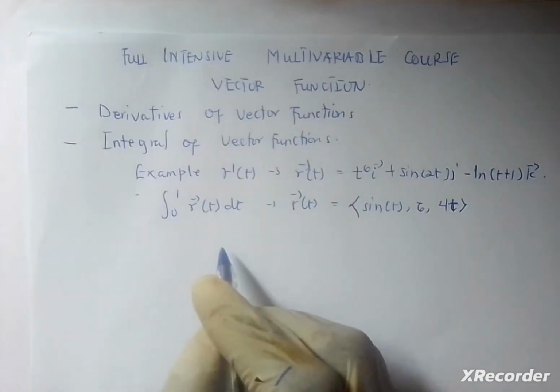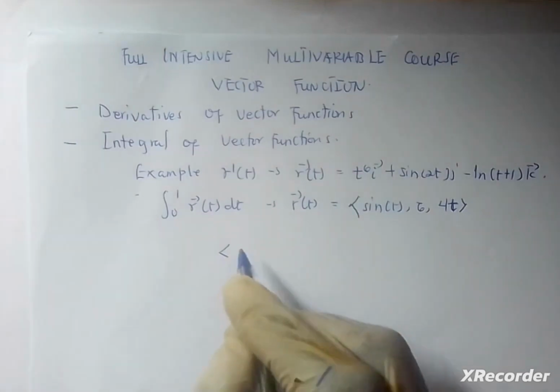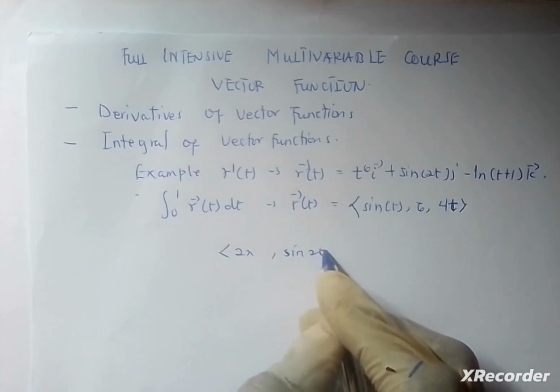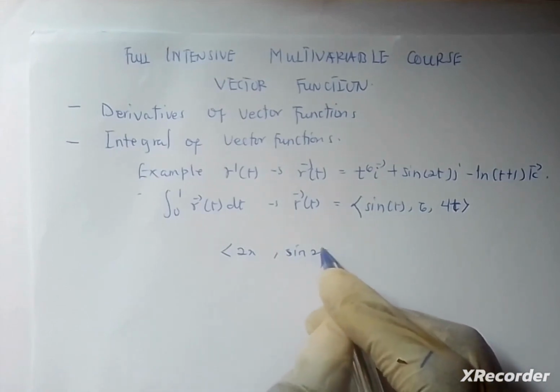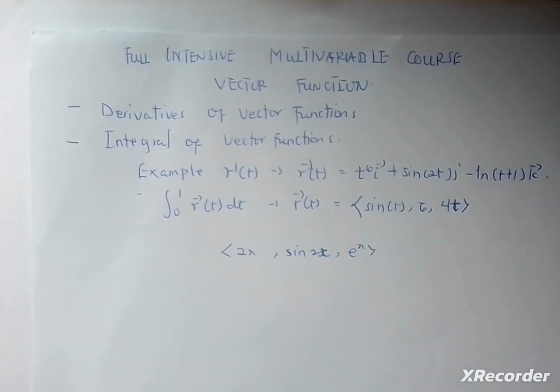A vector function is simply a vector with functions as its components. So if I give you a function like 2x, comma, sine 2x, comma, e to the power x, then I ask you to differentiate, you simply differentiate each component.